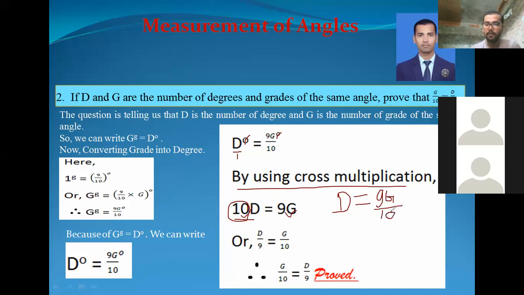In the same way, because 9G is in multiplication form, while removing the coefficient of G, it divides D. In this way, we have written here: D by 9 is equal to G by 10. Therefore, G by 10 is equal to D by 9, proved, which is what was required. In this way, you can solve the given question.